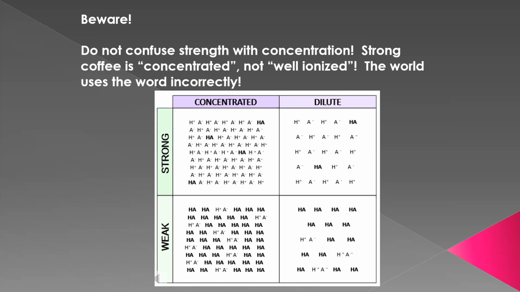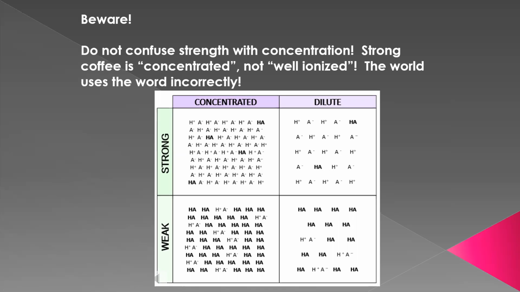What do you see in concentrated? There's just more of it. You see more of the stuff. Exactly. What do you see in dilute? Less of the stuff. All right. So that is absolutely concentrated and dilute. That is the molarity or the percent by mass or the mole fraction that we calculated in our solutions unit. That is concentration. How much stuff is in the water?